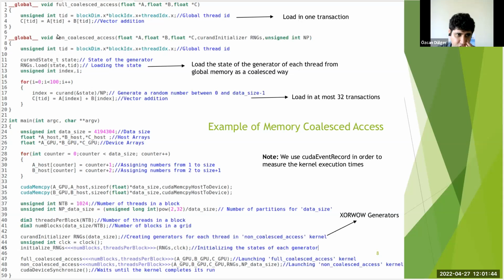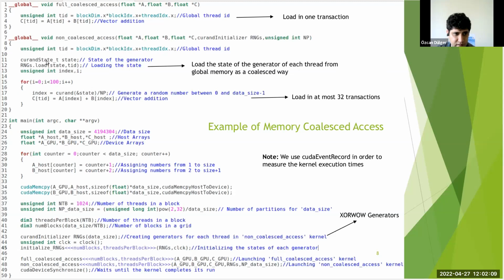The second kernel is named non-coalesced access. Here, we generate a random number between 0 and data size minus 1 and access the global memory randomly.